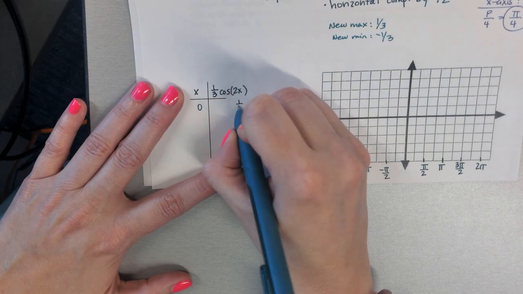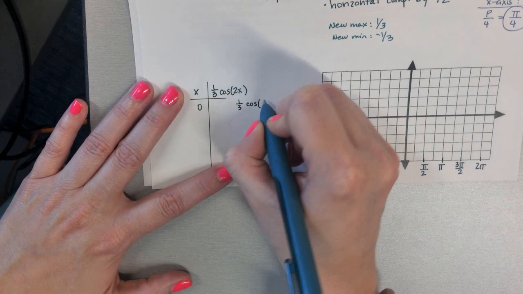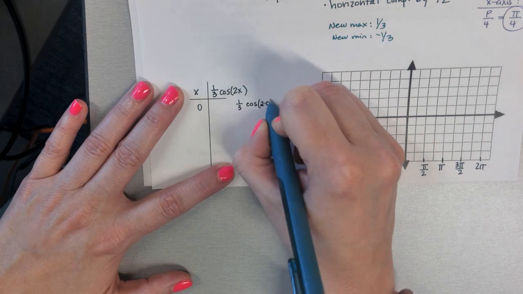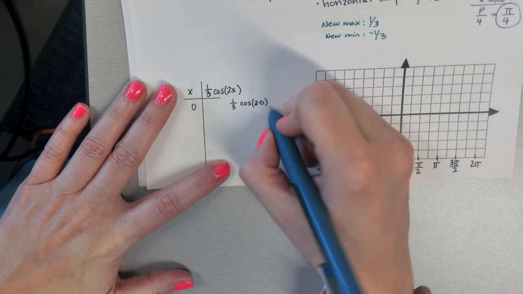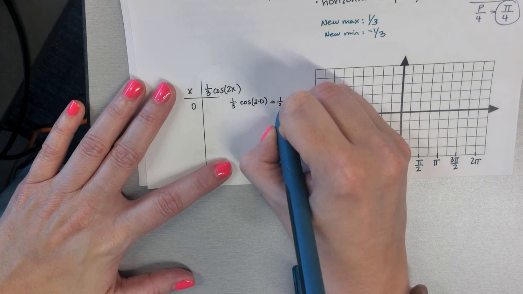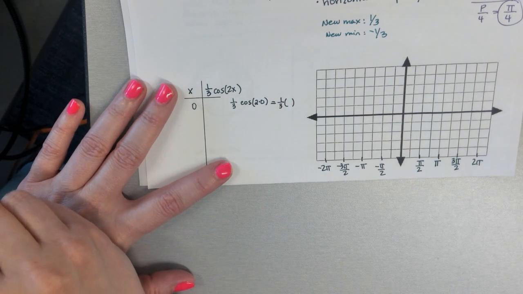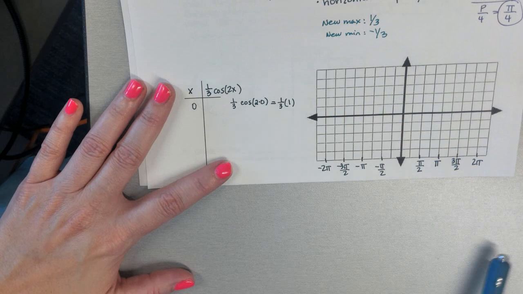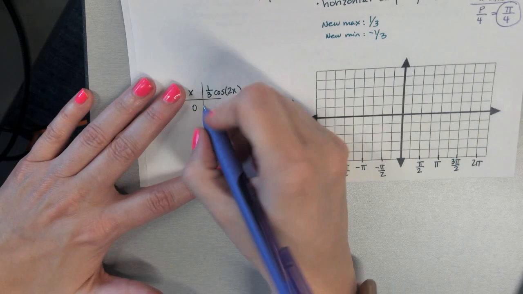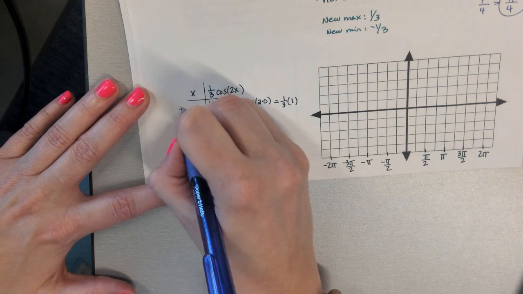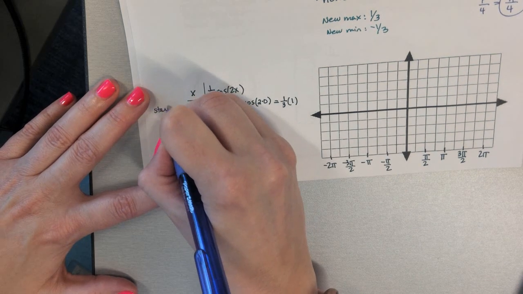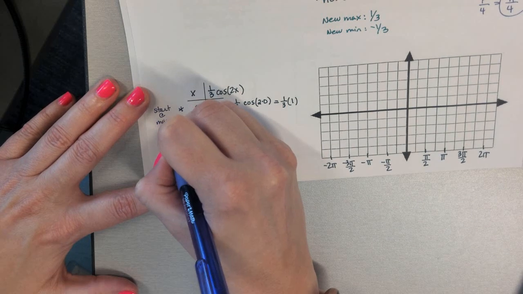So if I do 1/3 cosine of 2 times 0, 2 times 0 is just what? 0. The cosine at 0 is what? Not 0. It's 1. 1/3 times 1? 1/3. This is the max. So you start at the max value.